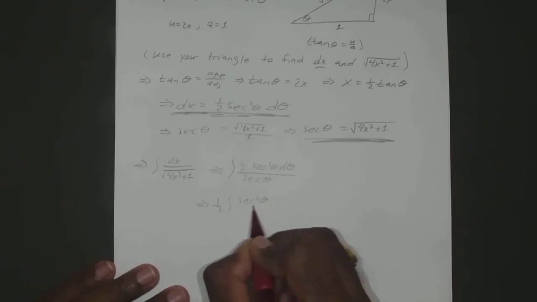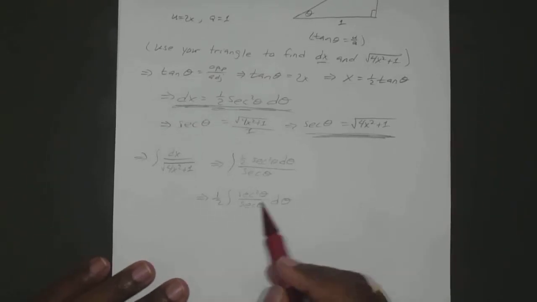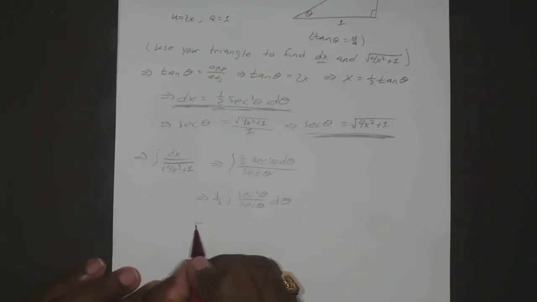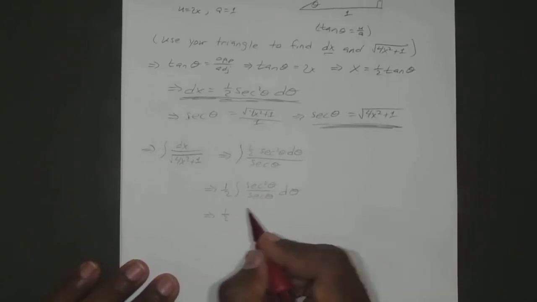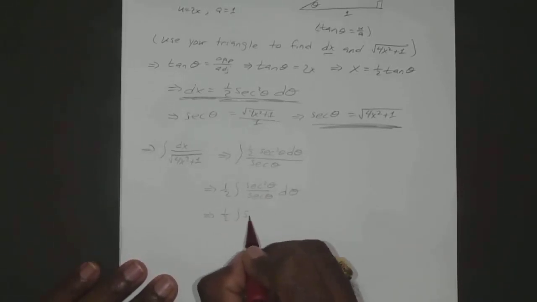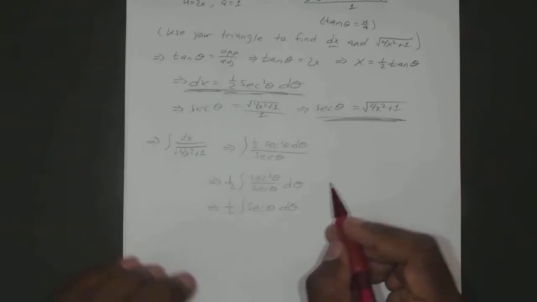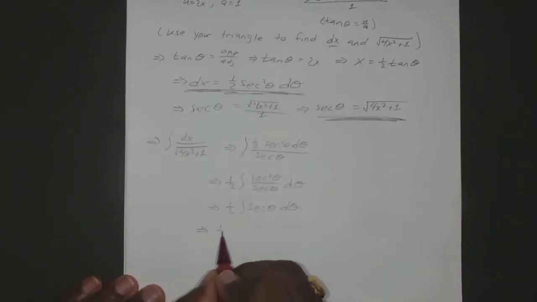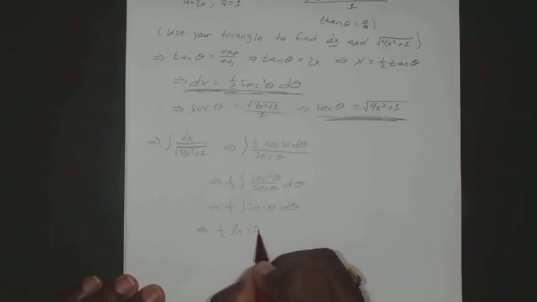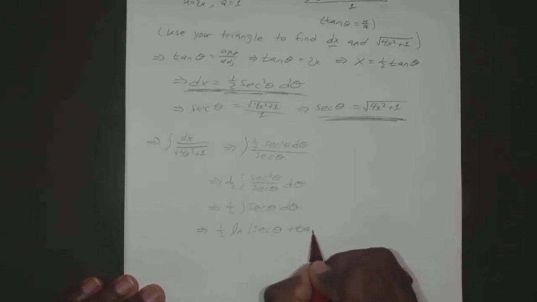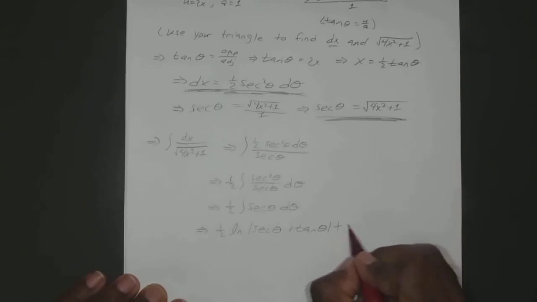That leaves you with secant squared theta over secant theta with respect to theta, where one of those just cancels out. So you have 1/2 the integral of secant theta with respect to theta. Okay, and the integral of secant theta is the natural log of the absolute value of secant theta plus tangent theta, plus c.